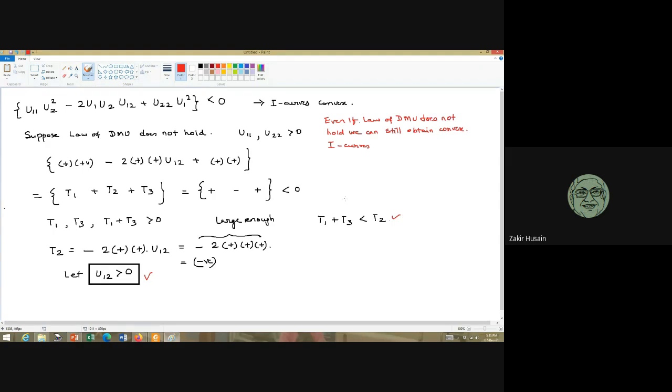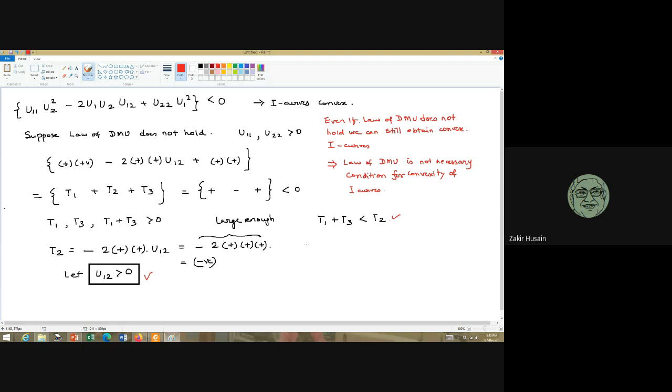Provided these conditions are satisfied. This and this. Okay, so this implies that the law of diminishing marginal utility is not a necessary condition for the convexity of indifferent curves.